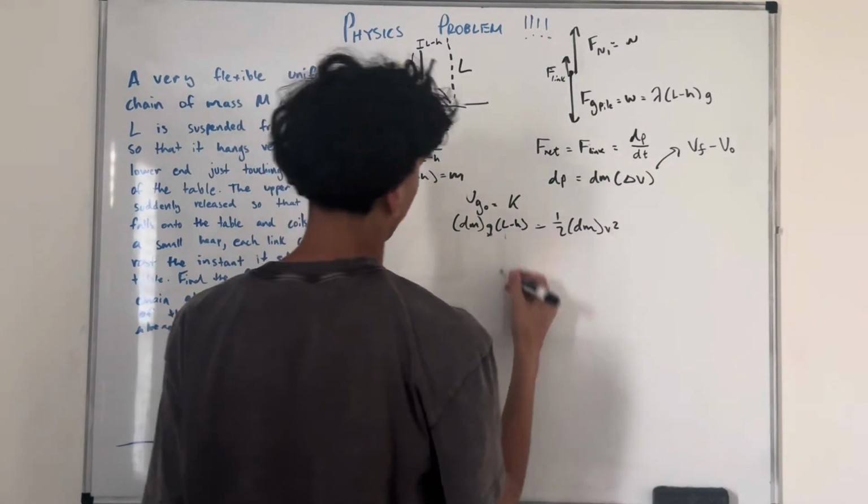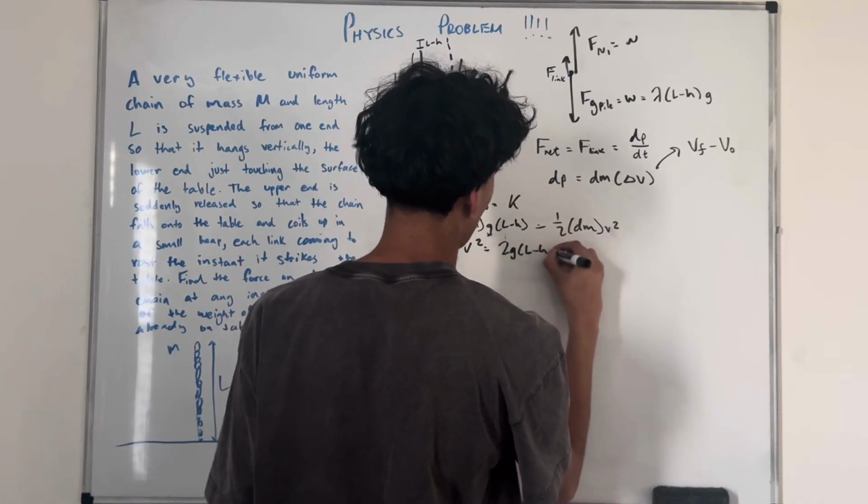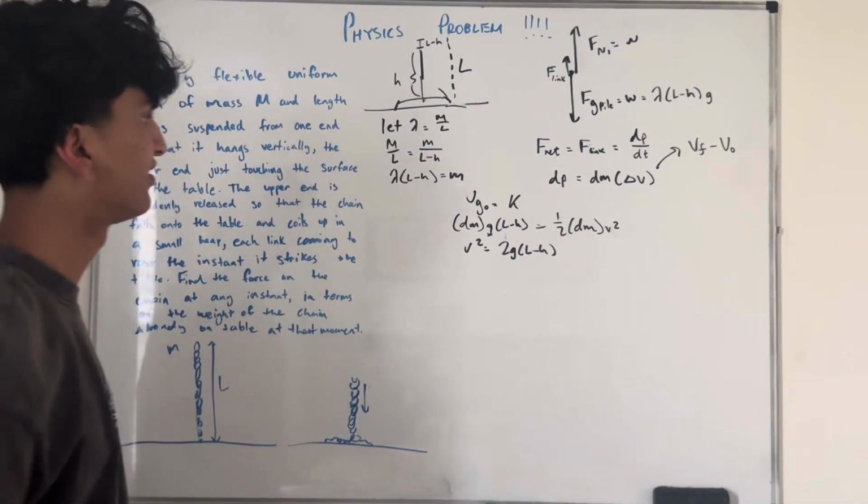So I get a very classic result: v squared is going to equal 2g(L minus H). Let's just keep it like this because you're going to see in a second.